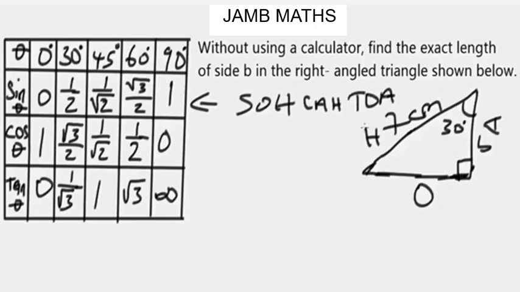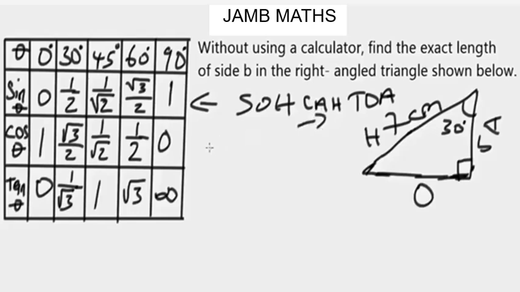In this triangle, we have the hypotenuse side, we don't have the adjacent or the opposite, and we are asked to find the exact length of side B, which is the adjacent side. So we are dealing with the hypotenuse and adjacent. That means from SOHCAHTOA, we're going to work with CAH.